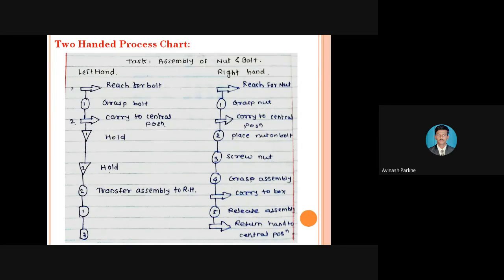Because sometimes while doing the operation, your left hand is used.